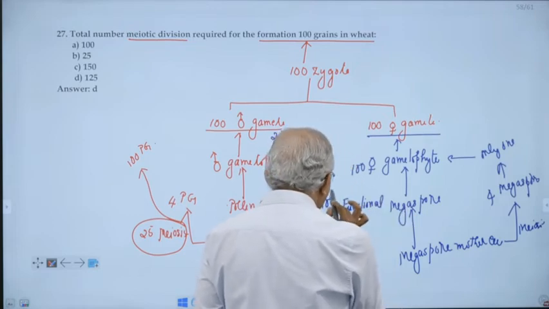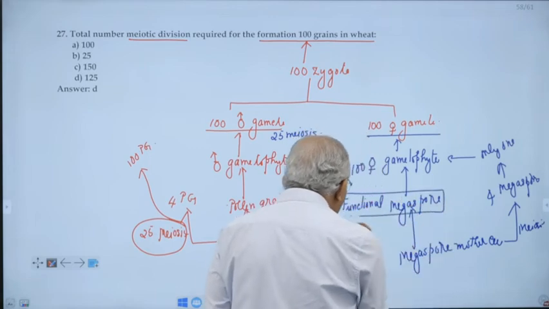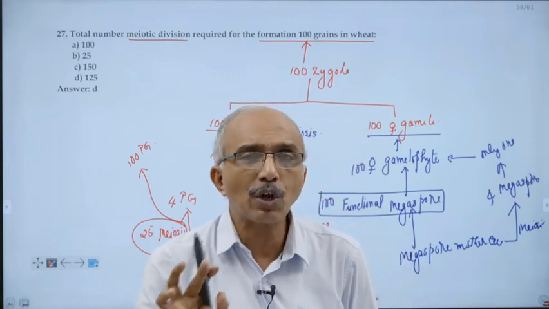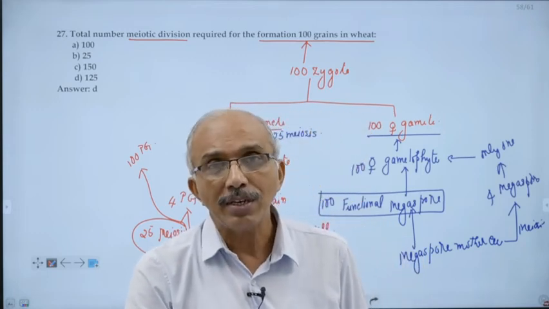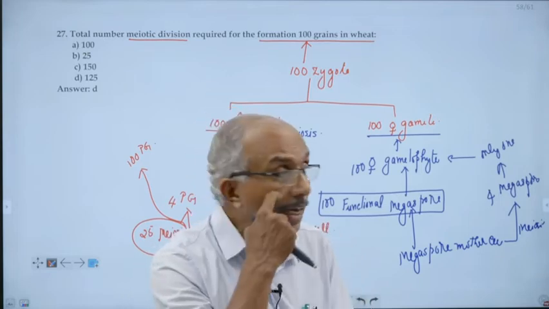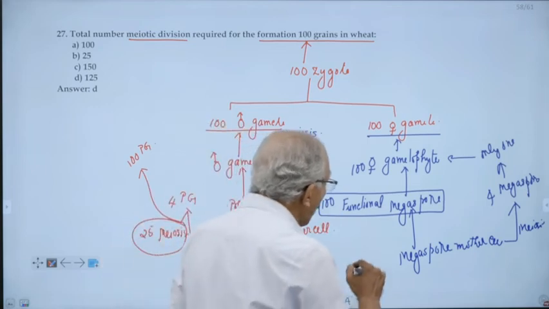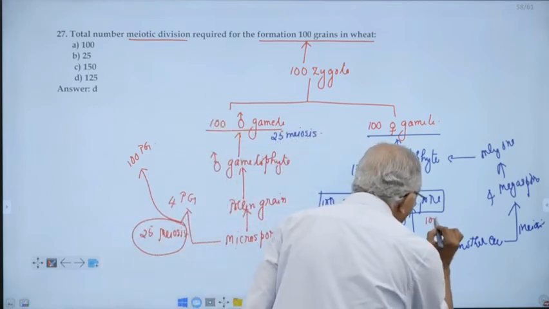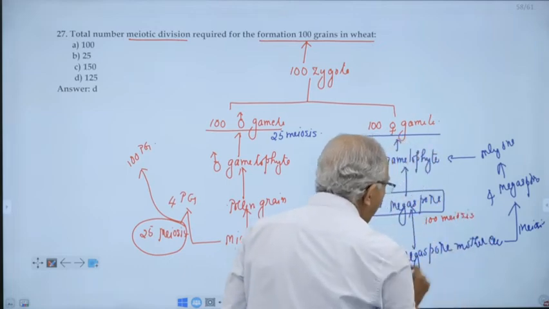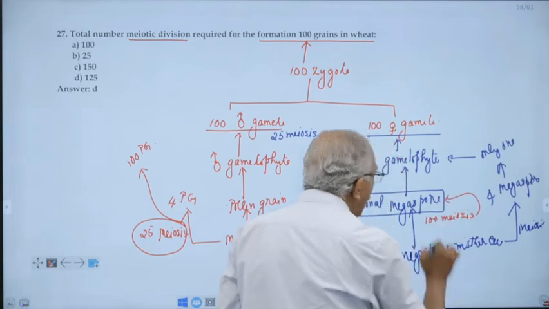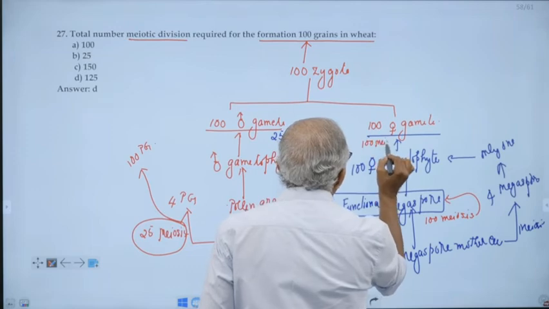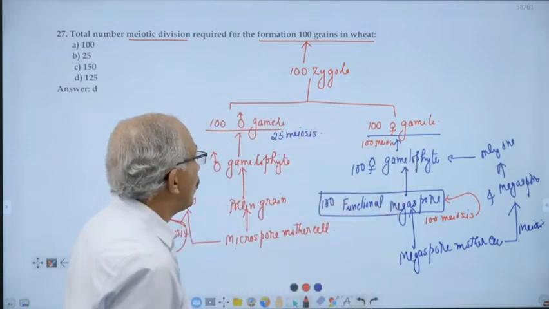To get 100 functional megaspores, how many meioses are required? 100 meioses are required for producing 100 female gametes.